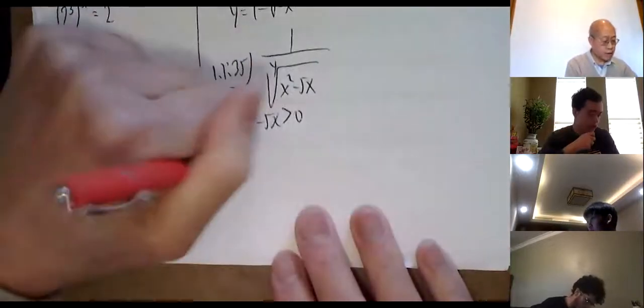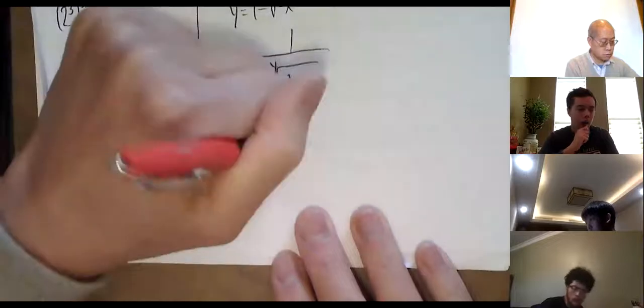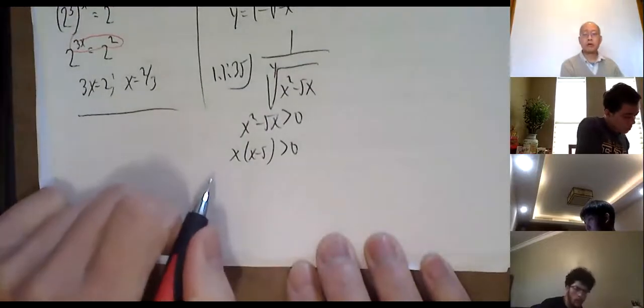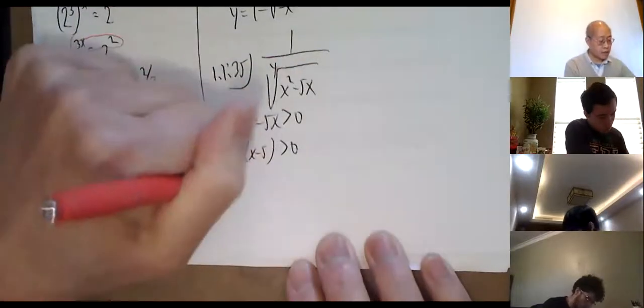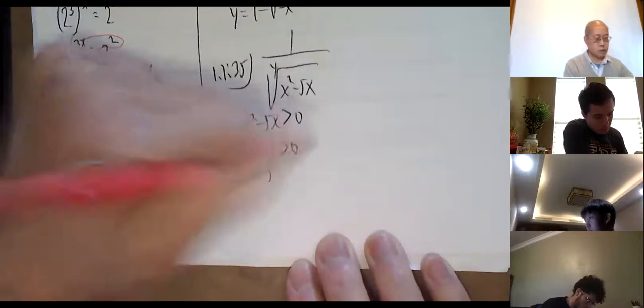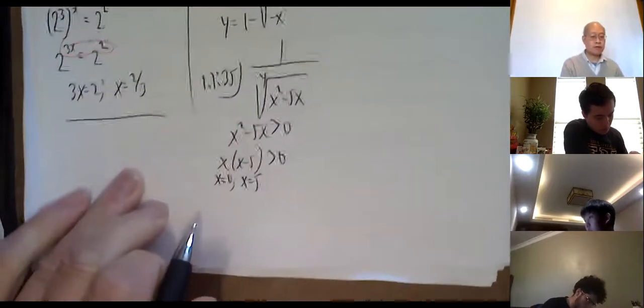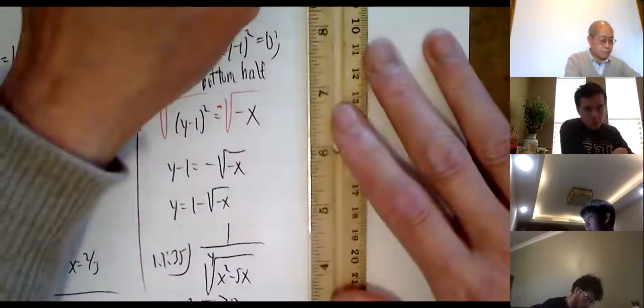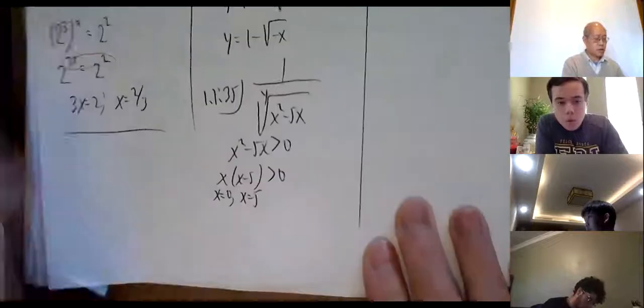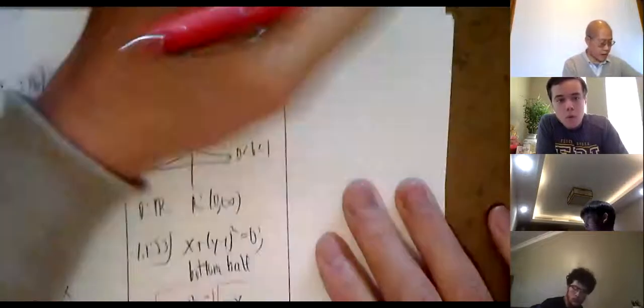All right, so factor out. On my number line, I will have x equals 0 and x equals 5. Since I'm reaching the bottom of my paper, I'm going to go back up for that.